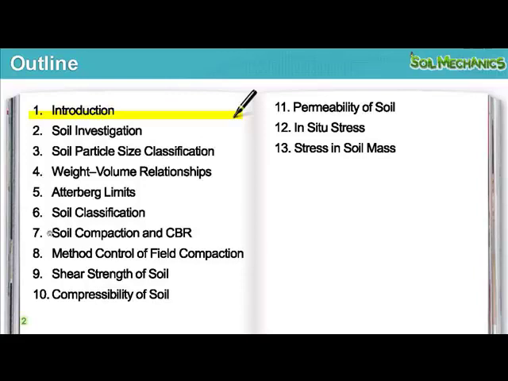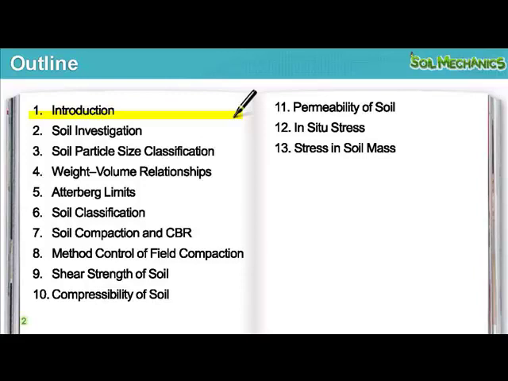And chapter 7 is soil compaction and CBR. Soil compaction is very important for construction, like road embankment or foundation, shallow foundation.